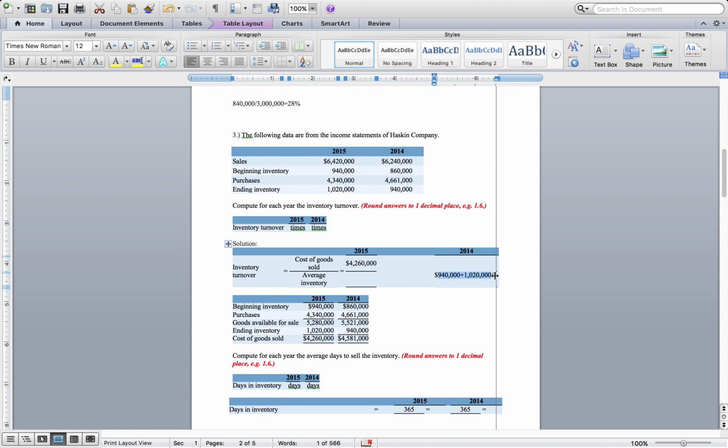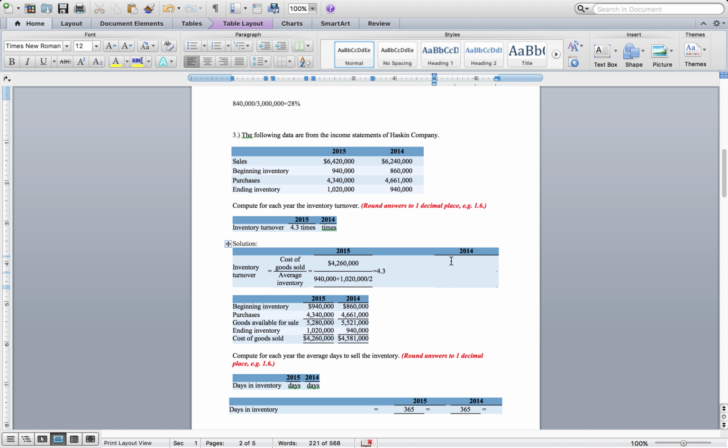Add this and divide this together. When we do all that, that'll give us 4.3. So inventory turns over 4.3 times. So 2015, we know it's going to be 4.3.